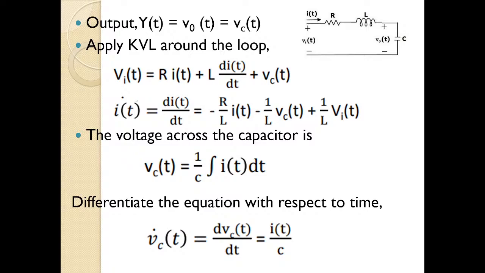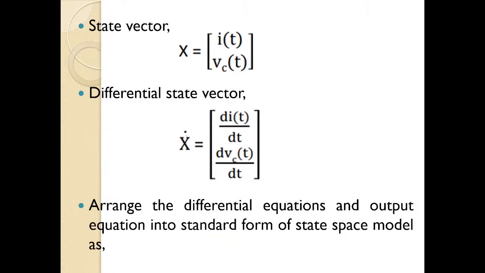Okay, now what are the state variables? Okay, so state variables or state vectors. What are our state vectors here? There are two state variables. One is current and another one is voltage. So you can write in vector form. So this is the state vector: X of t has two variables, I of t and Vc of t.